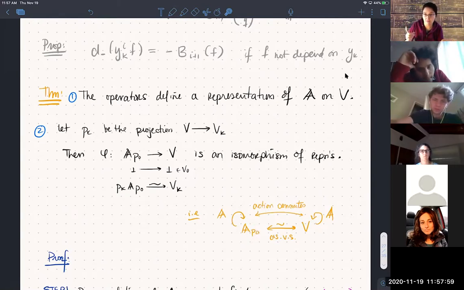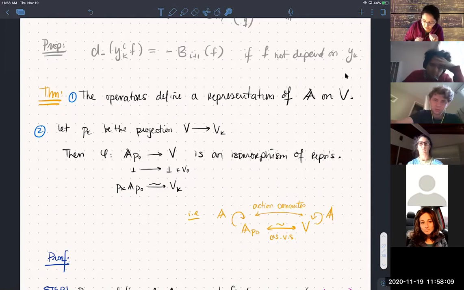That's part one, as a vector space, just a vector space isomorphism. So it's an isomorphism that sends 1 to 1, which is just like 1 in symmetric functions. And the second part, that it's an isomorphism of representations, is basically telling you that this vector space has an action of A by these plethystic operators that we just talked about.